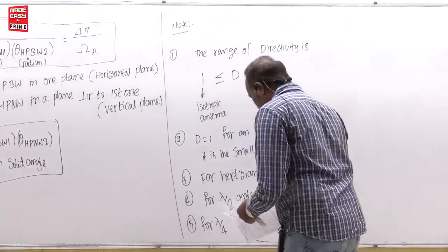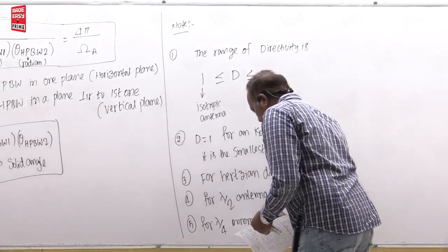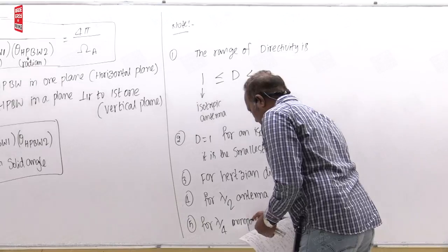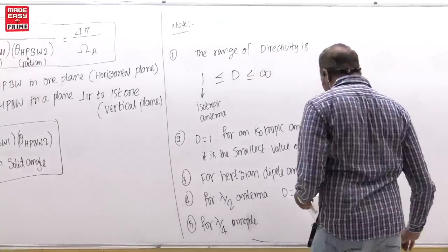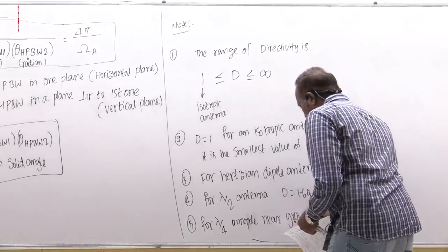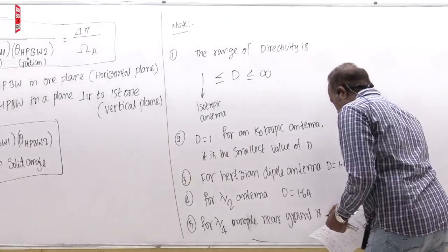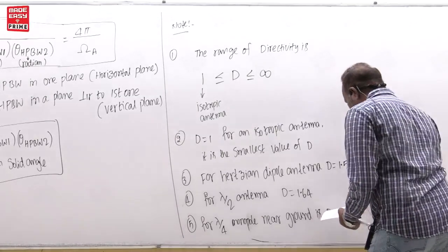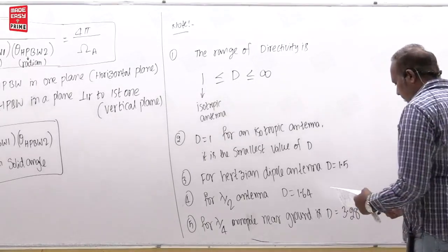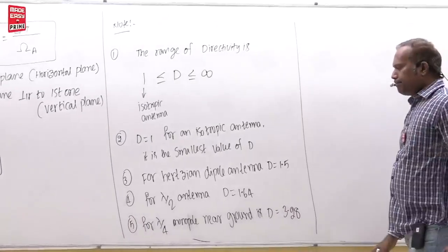For lambda by 4 monopole near ground, D is equal to double of this one, that is 3.28. These are standard values. So these are all standard. Okay.